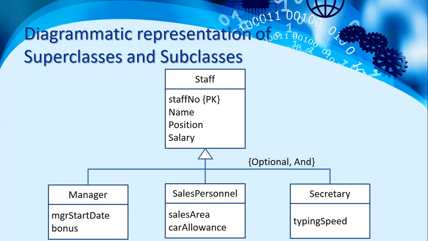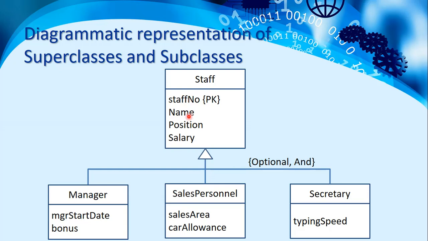Meanwhile, the attributes that are common to all subclasses, as I mentioned, are listed in the lower section of the rectangle representing the superclass. These four attributes here are the common attributes.